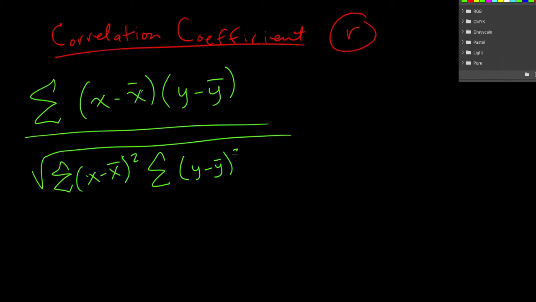All right, so this is a big formula, and this is equal to R. We're not going to do this by hand though, so don't worry. Just understanding what it is is the most important thing.